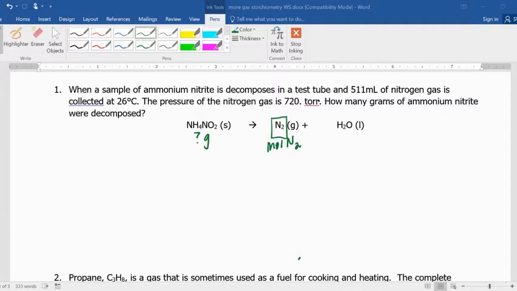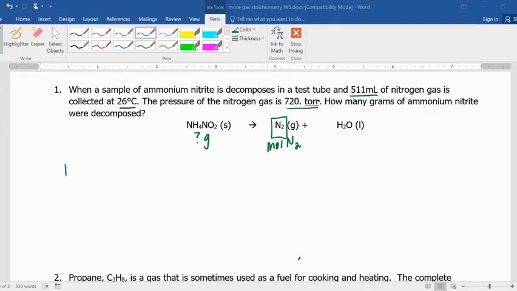So we need to solve for moles of nitrogen. And the problem gives us a volume, a temperature, and a pressure. And so we are not here at STP, so that means that we have to use PV = nRT. But luckily, it gave us all the information for PV = nRT.